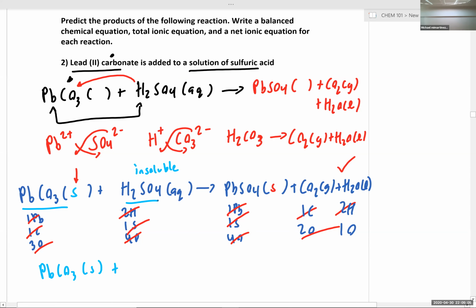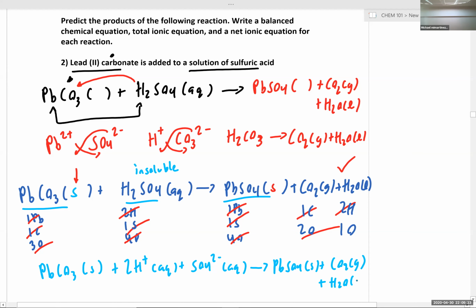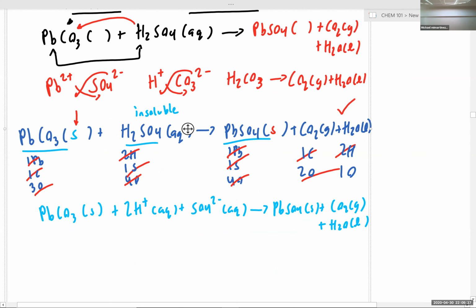Do we dissociate sulfuric acid? Is sulfuric acid a strong acid? Yes, so we dissociate to 2H plus aqueous and sulfate, SO4 2 minus aqueous. Lead sulfate we keep together because it's insoluble. Carbon dioxide and water we keep together. Now, are there any spectator ions in this equation?